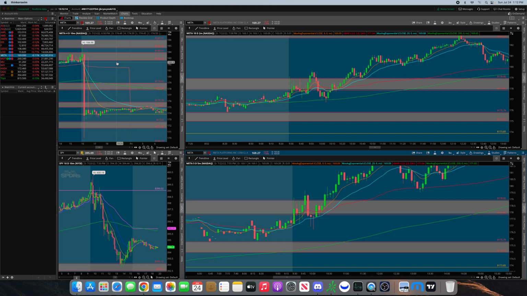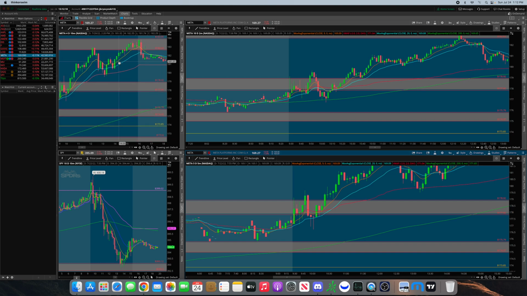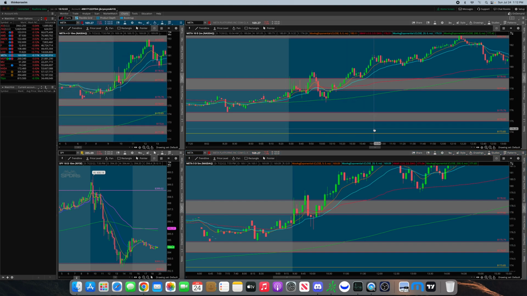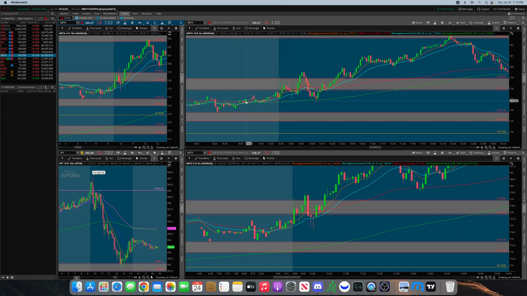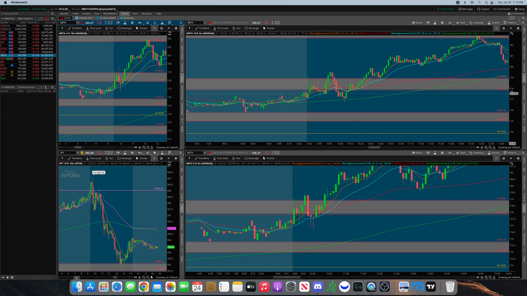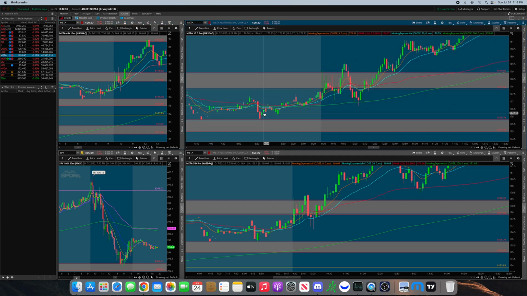Move the 10 minutes so you can keep it all in line here. Okay, so now on this day coming into pre-market, everything's for the most part sideways. But as you can see toward the opening bell, it's starting to move up.